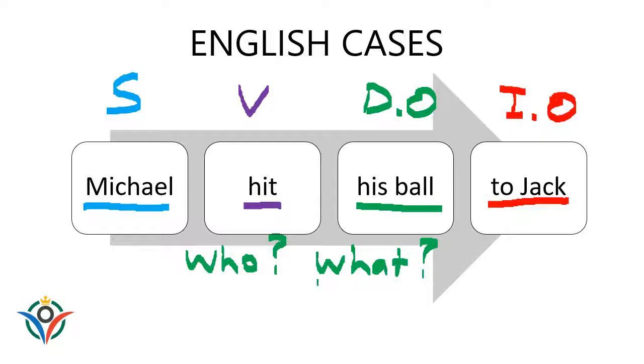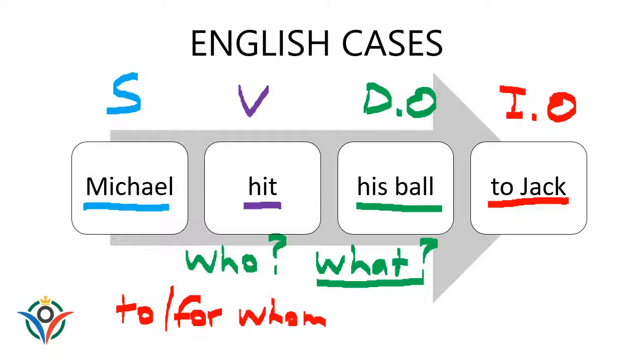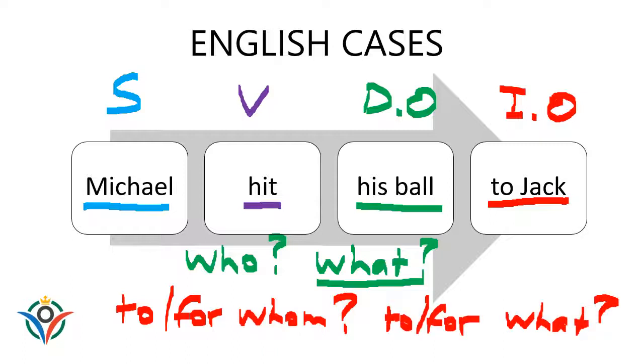In this case, it'll be what? His ball. And to identify the indirect object, you can ask yourself the question, to or for whom, or to or for what? In this sentence, it would be to whom, and the answer is to Jack.